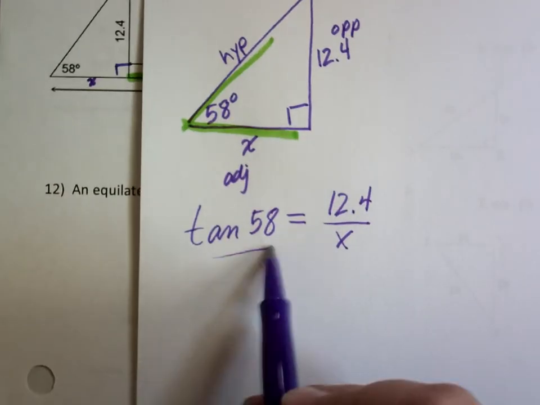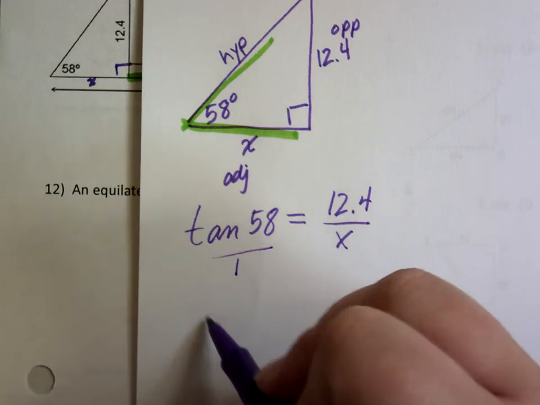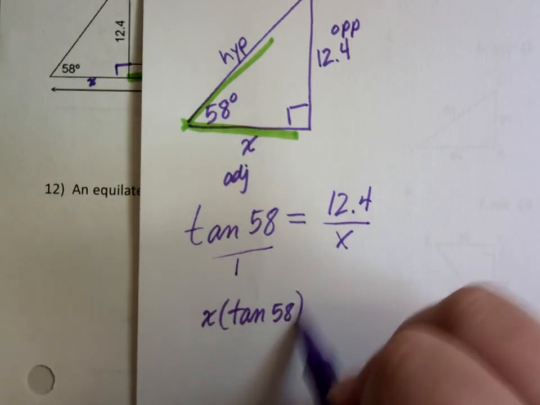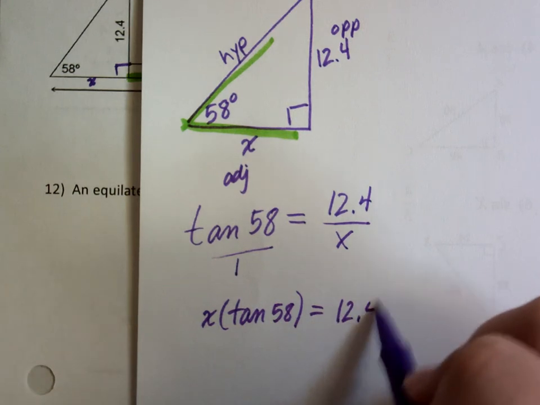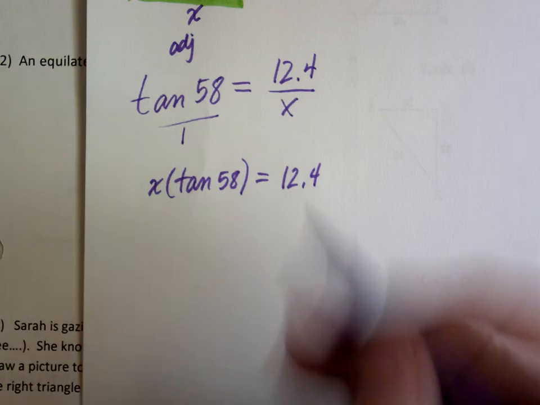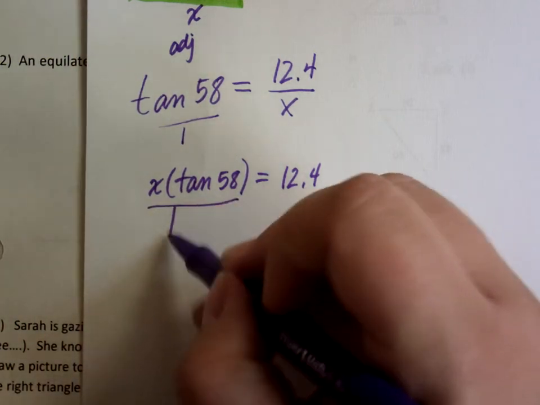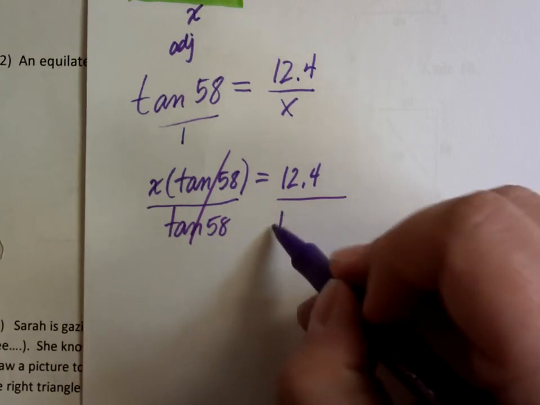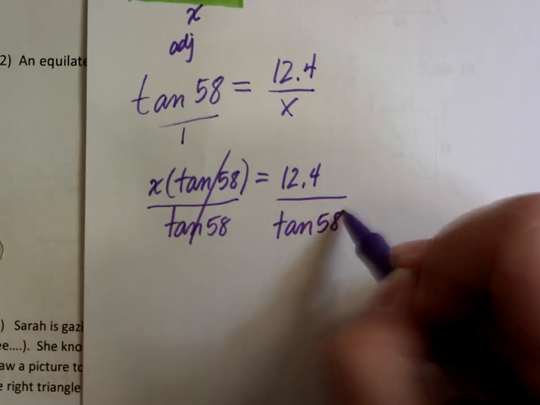I'm going to cross multiply to solve for x. So I get x times tan 58 equals 12.4 times 1. X is still not alone, so I have to keep going. It's multiplied times tan 58, so to get rid of tan 58, I have to divide both sides by tan 58.